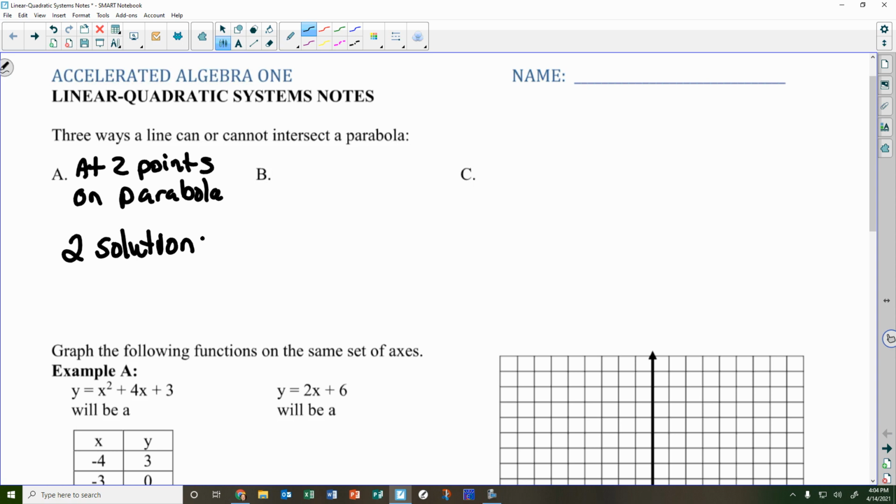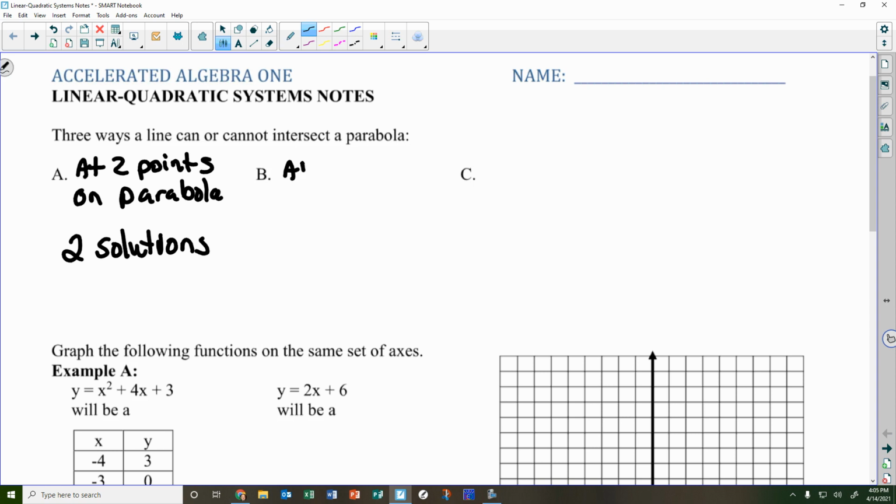You saw some examples of that the other day when it connected at 2 points. It has 2 solutions. Kind of like when we did just the parabola explorations, and it crossed the x-axis twice, it had 2 solutions, because technically the x-axis is a line, right? So it's kind of the same idea.